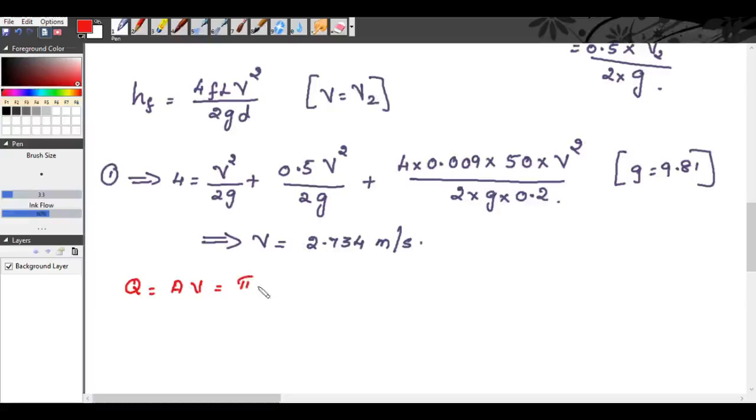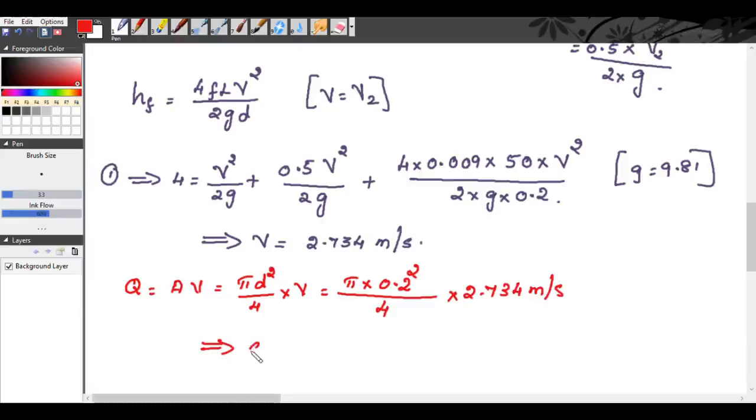So area of the pipe is pi d square by 4 into velocity. So d is 0.2 square divided by 4 into velocity 2.734 meter per second, from which we get Q equal to 0.08589 meter cube per second.